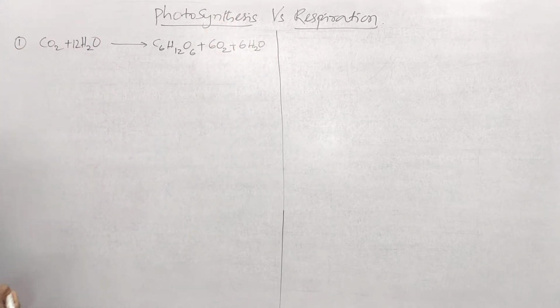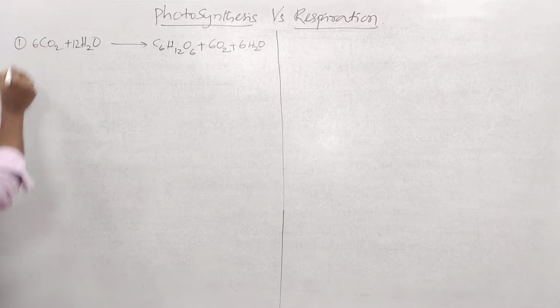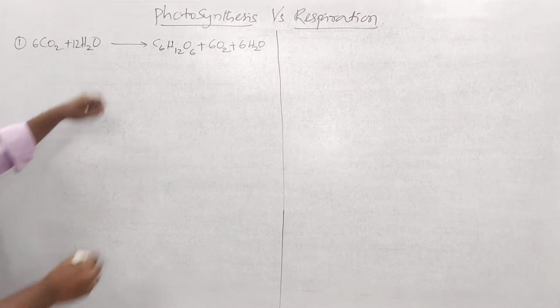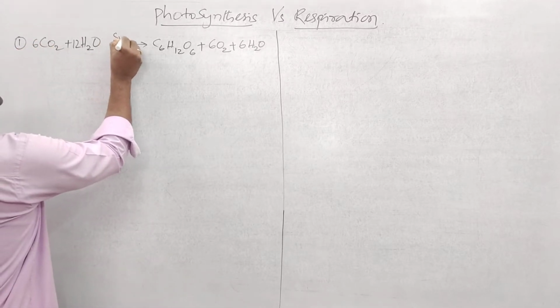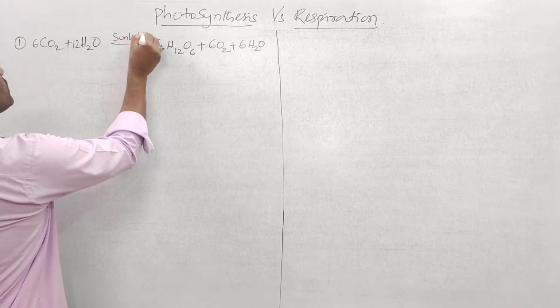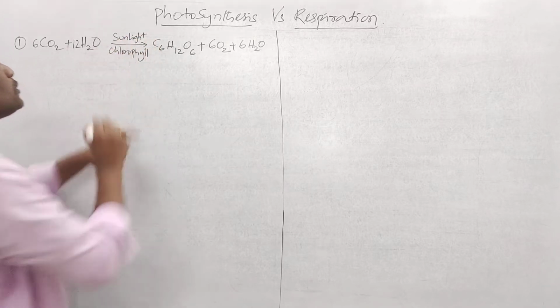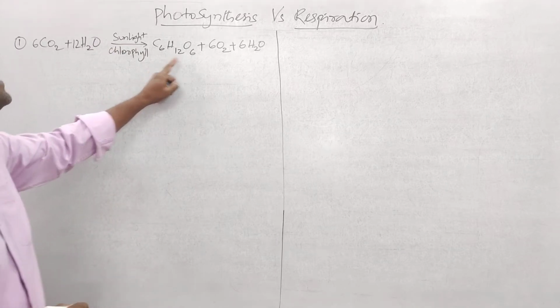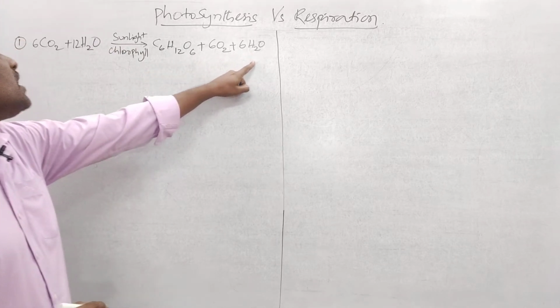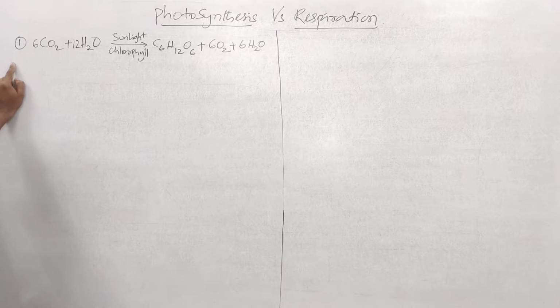Is it balanced, children? No. So 6 CO2 and 12 H2O in the presence of sunlight and chlorophyll give the glucose molecule, and oxygen as well as water. So this is the photosynthesis equation.